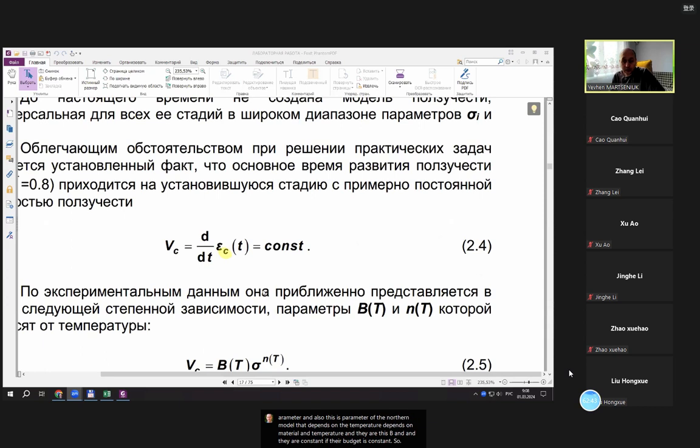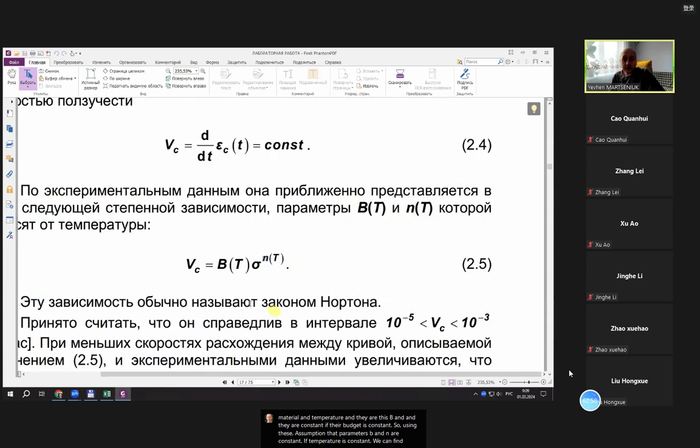So, using this assumption that parameters B and N are constant if temperature is constant, we can find the creep velocity for the given material using the curves of the creep.